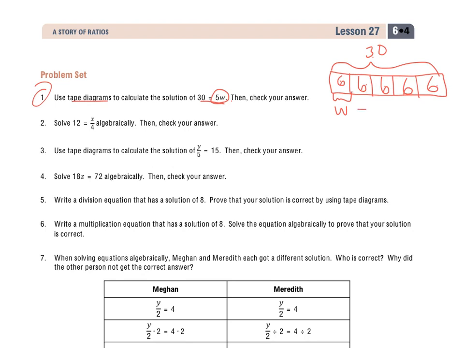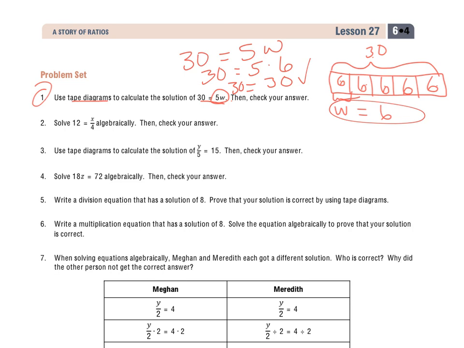So that's how w equals 6. Now I'm going to plug it in to check. So 30 equals 5w. 30 equals 5 times w, which is 6, and I know that 5 times 6 is 30, and 30 equals 30, so that's a check.